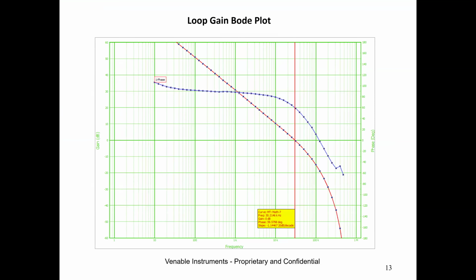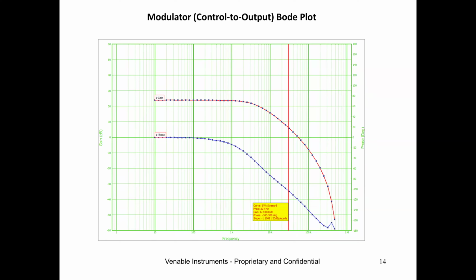And this is a plot of that power supply that I showed you earlier. And I have a slide bar there that you could set automatically to the 0 dB cross, and it'll give you the phase margin. And this is the power stage, which I'm measuring right about now, of the same power supply.